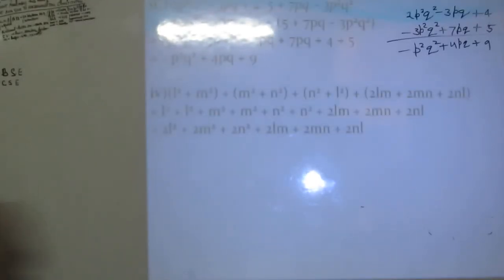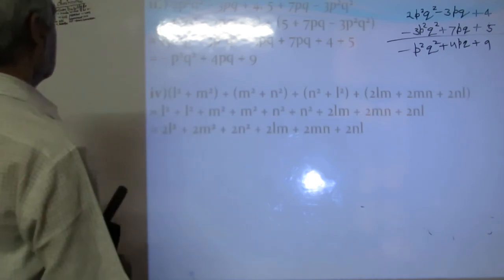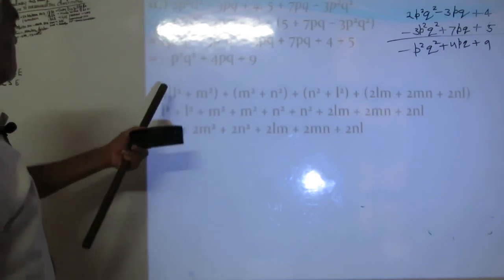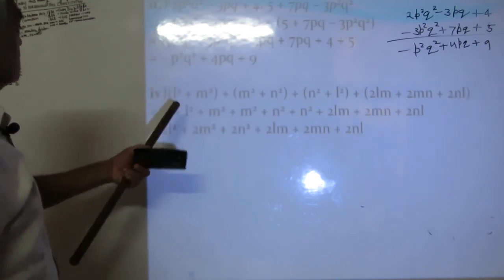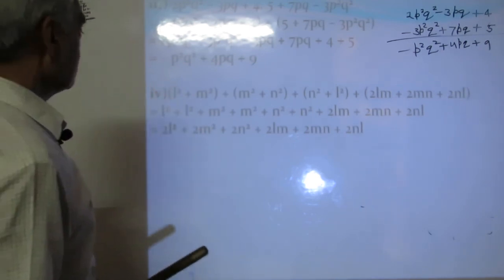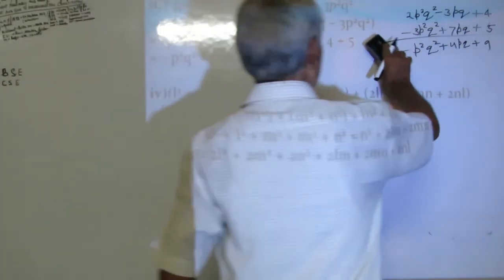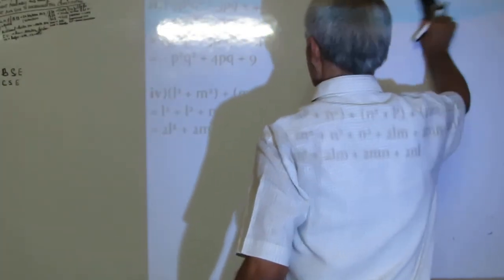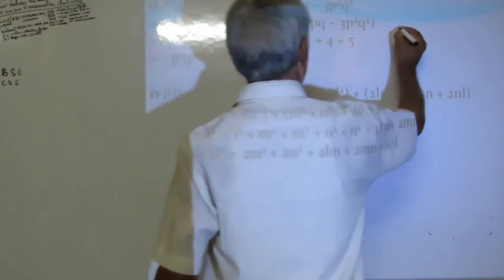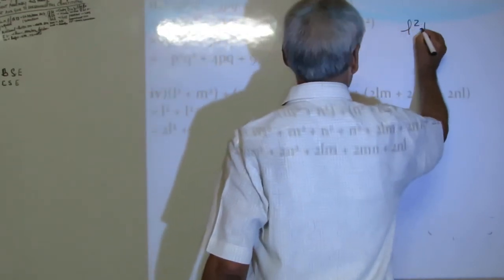Now the fourth, the next is L square plus M square.